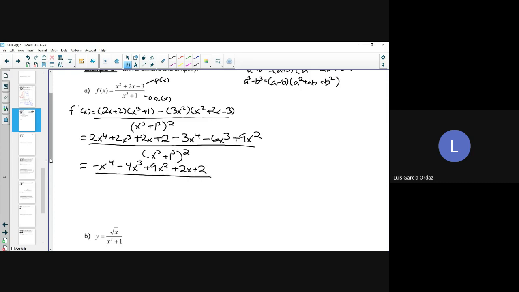Now I can expand my denominator in terms of a sum of cubes, which means I will get (x plus 1) squared, because we have to keep the squared, times (x^2 minus x plus 1) all squared. So this would be the derivative of f of x in the most simplest form.